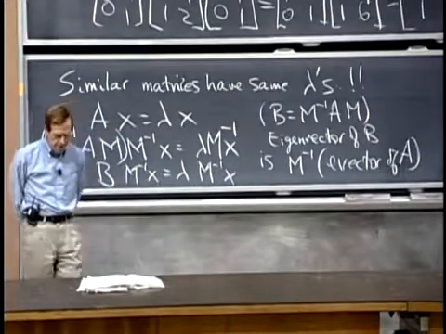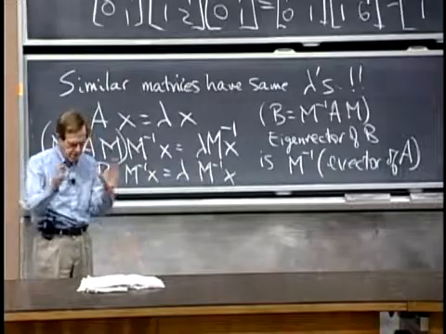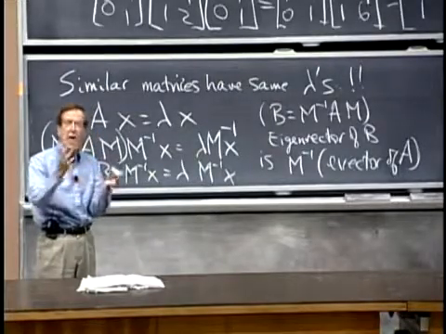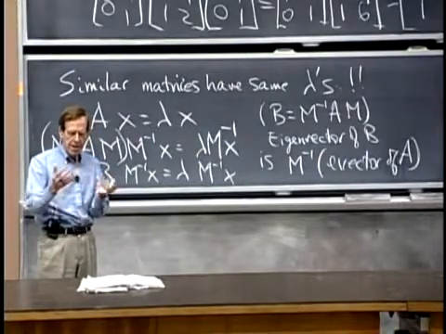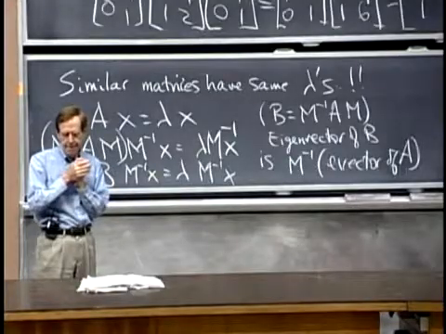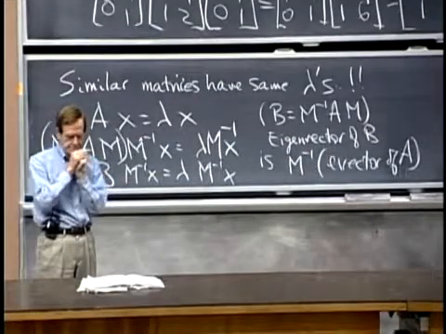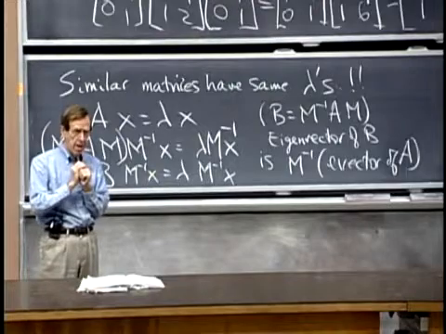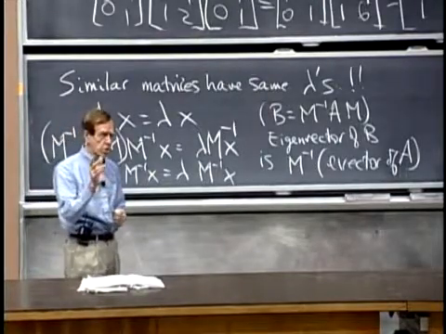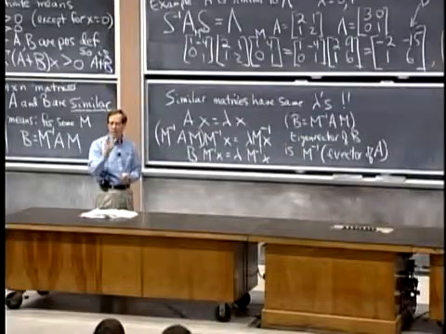Okay. Now, so I've got all these matrices, this family of matrices with eigenvalues 3 and 1. Fine. That's a nice family. It's nice because those two eigenvalues are different.